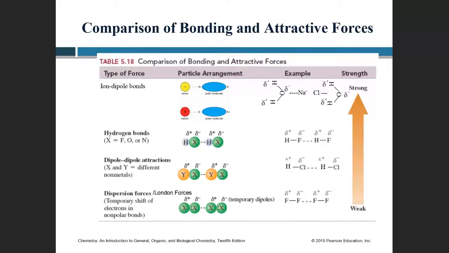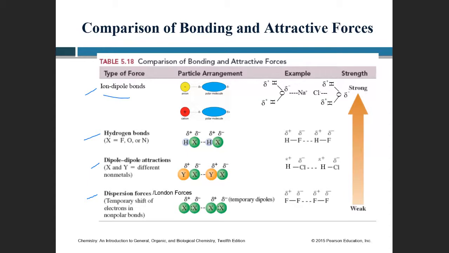We have 4 types of intermolecular forces. The first one is called London force or dispersion forces. The second one is called dipole-dipole attraction. The third type is called hydrogen bonds, and the fourth one is called ion dipole bond.